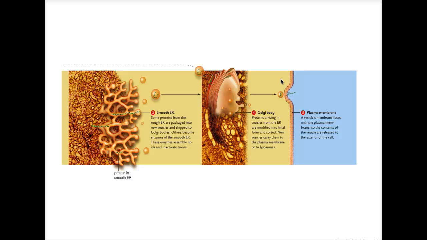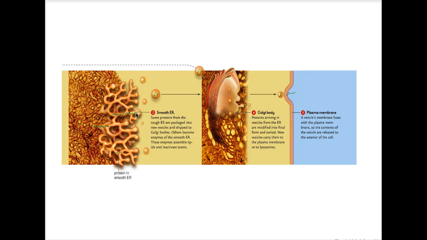So here's an example of the vesicle moving to the smooth ER. In this example, our green threaded polypeptide or protein here was made from ribosomes on the rough ER, and now it's been transported to the smooth ER, and it might be modified, lipids added to it, or other molecules.